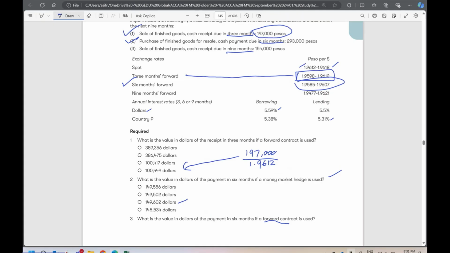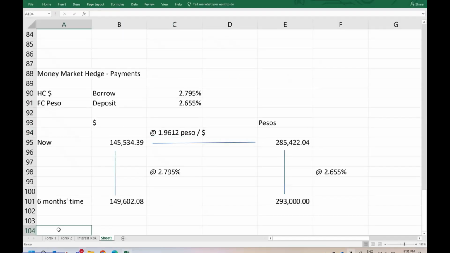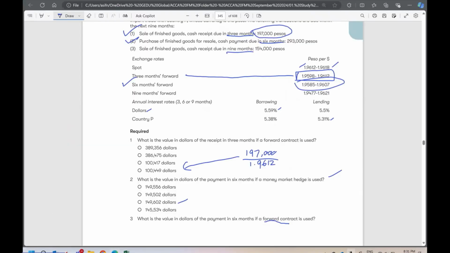It's a payment, and we need to increase the payment, so we will go with the lower rate again, 1.9585. So if we are going to use the FRA, very simple: 293,000 divided by the FRA, 1.9585.